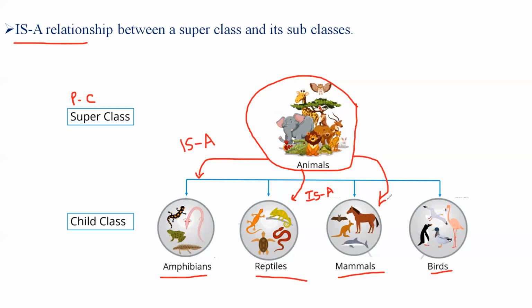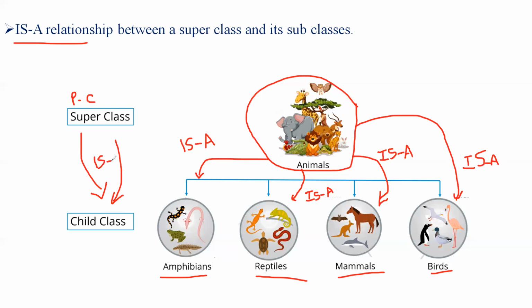A mammal belongs to the category called animal, so a mammal is an animal. Similarly, birds also come under the category called animal. So it exhibits an is-a relationship between a parent class and a child class.